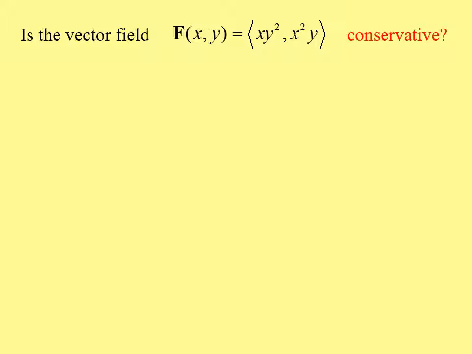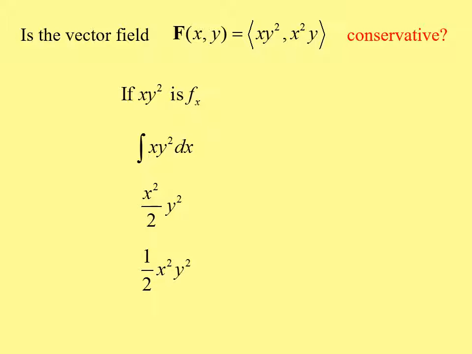If this vector field is conservative, then the first component is the derivative of some function with respect to x. We can recover that function somewhat if we integrate with respect to x. The integral with respect to x would be x squared y squared over 2 with some other constant. We'll talk about that later.